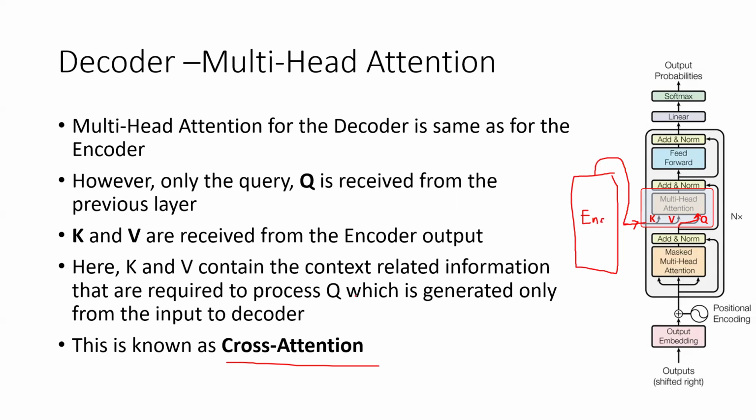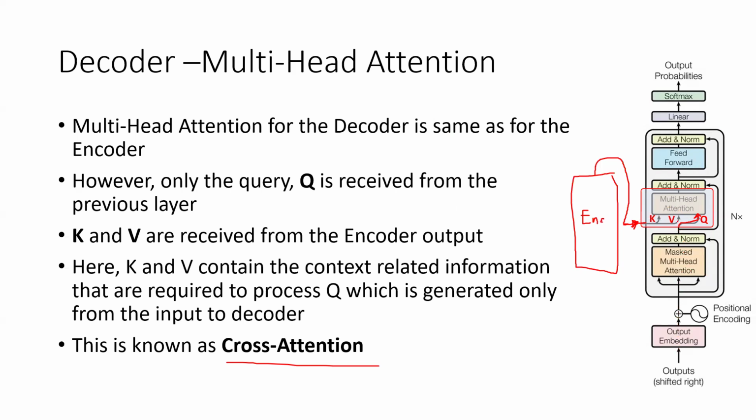So what it really does, if you think in an intuitive way, is this. Because this is written in the context of natural language translation, the whole meaning of the translation is actually there in this encoder, right? The encoder output in K and V contains the meaning of this particular sentence. The Q contains the tokens that are already generated in English.